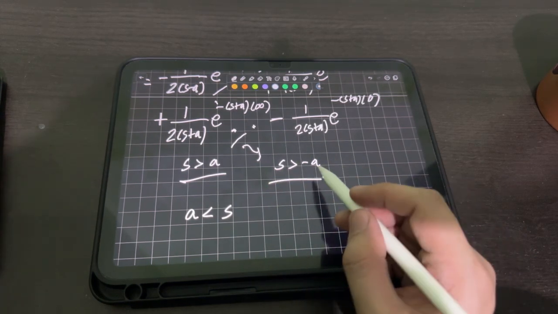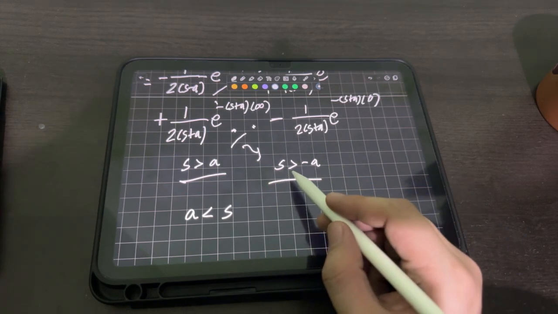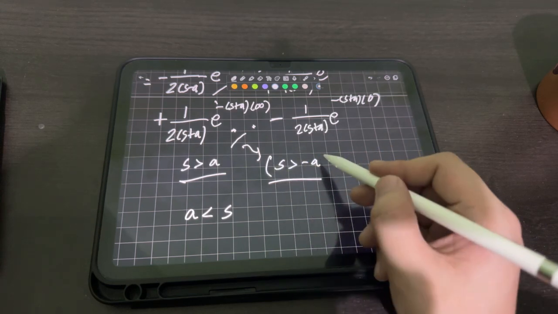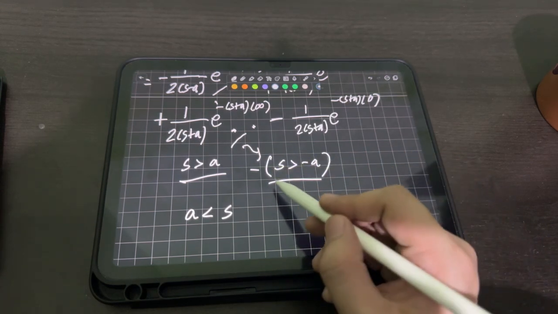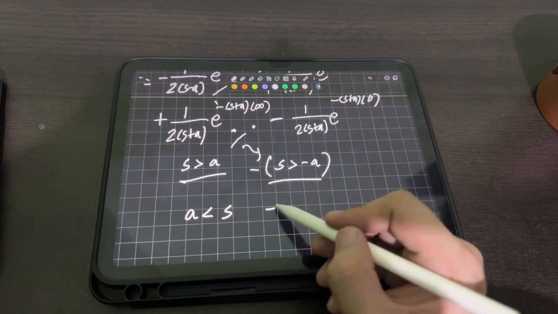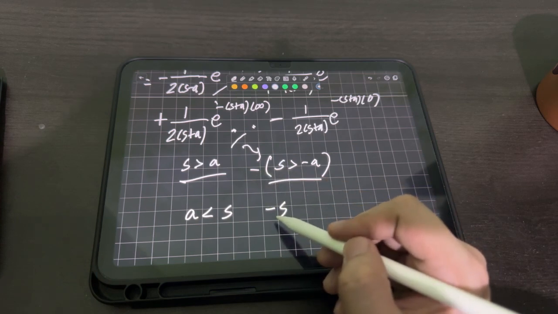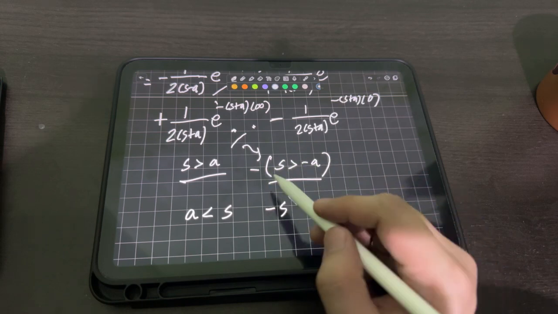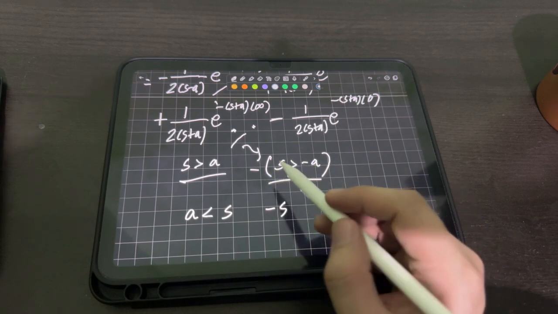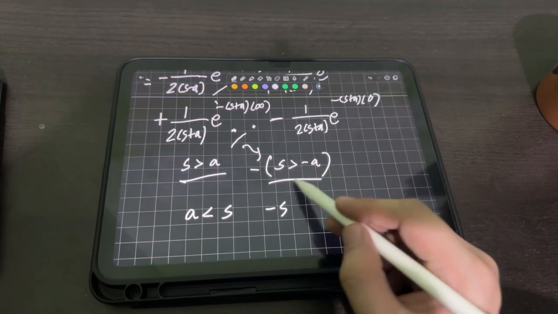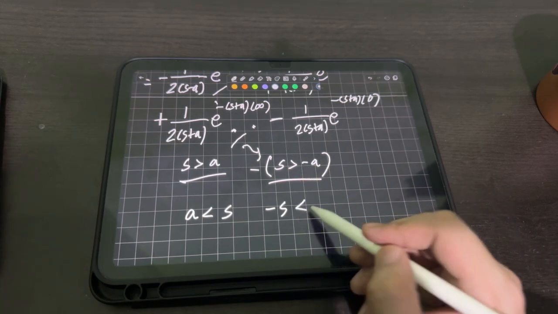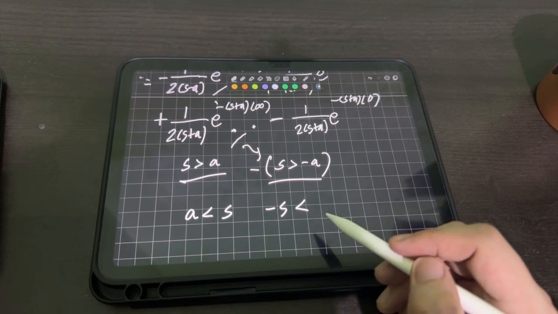How about this one? If we multiply both sides by negative, so negative times s, that's negative s. But since we multiply both sides of the inequality by a negative number, negative 1, we should flip the inequality symbol to its opposite. It will become less than now.